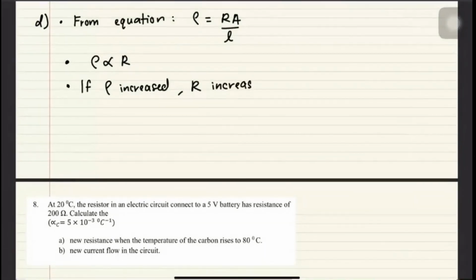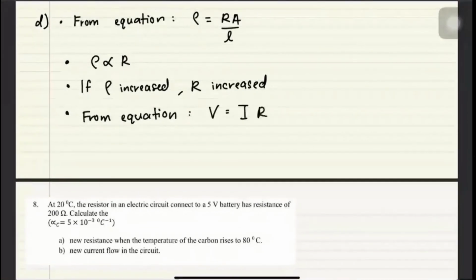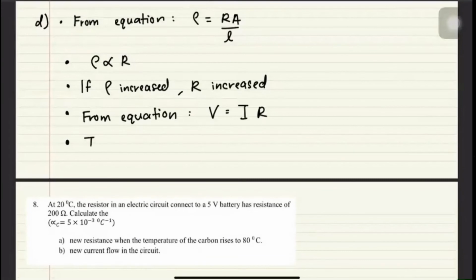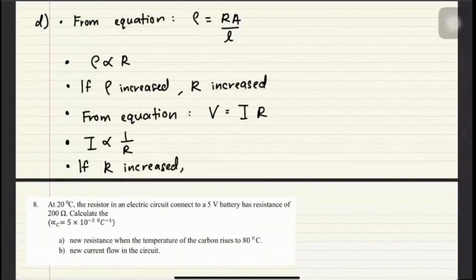On the other hand, if I want to relate from equation, sebab soalan ni nak current, I can relate from equation V equals to IR. Lepas tu relation dia, I is inversely proportional to R. So that means if R increase, I decrease.